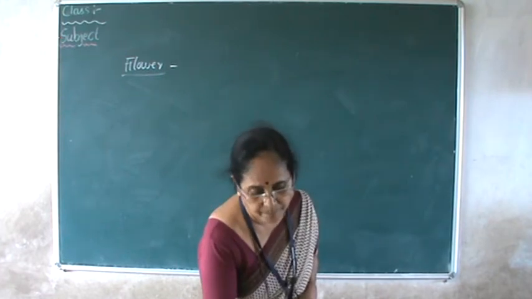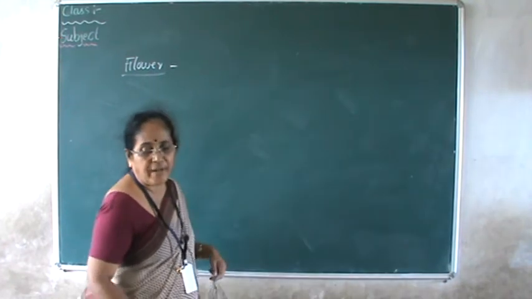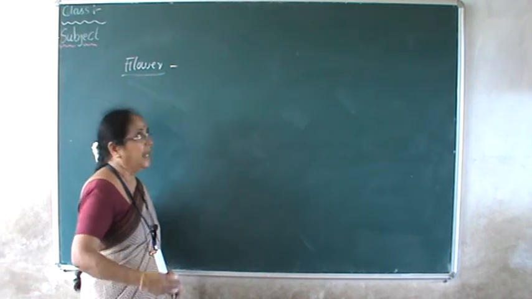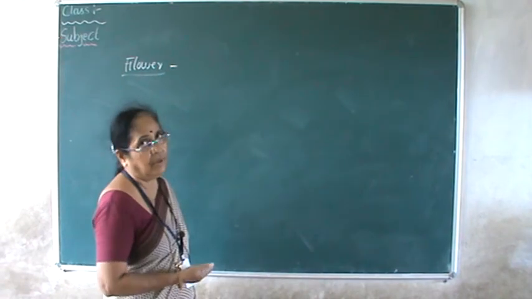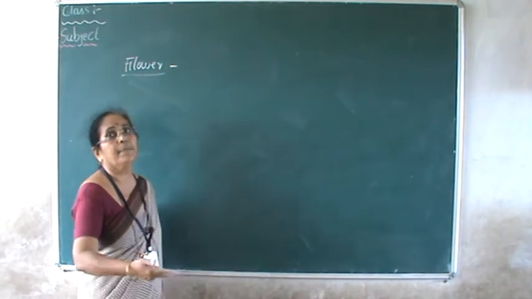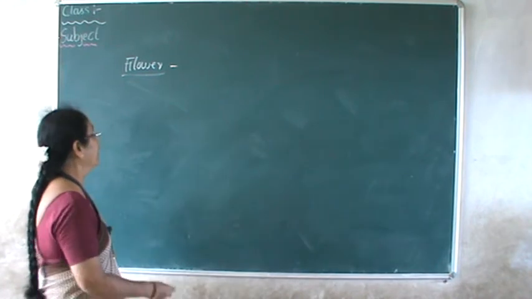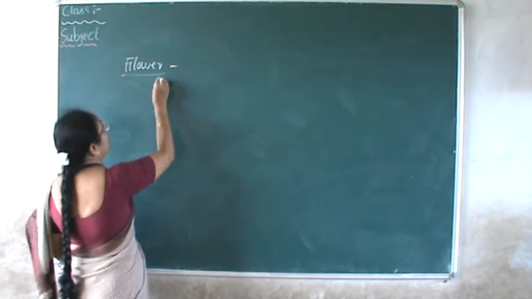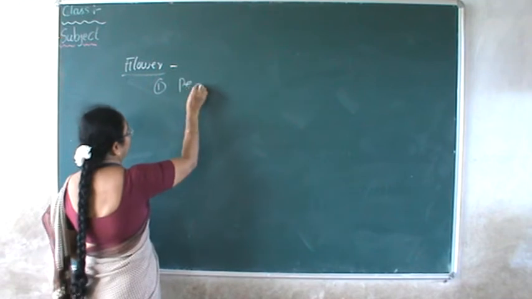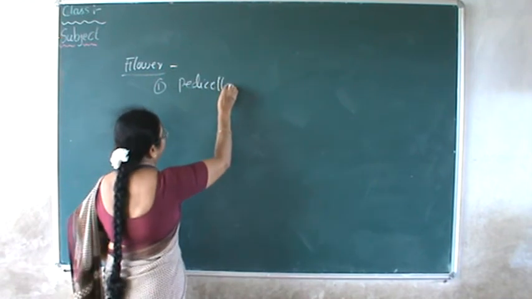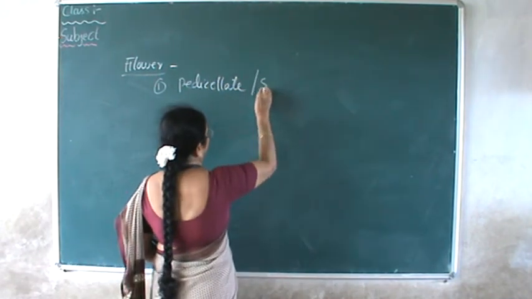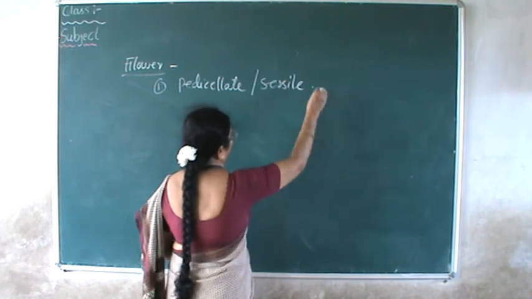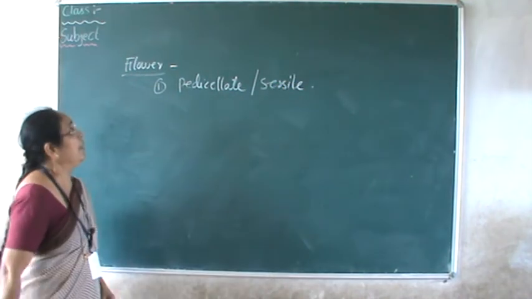Okay, the flower and its description. When you are describing an angiospermic plant and you start to describe the flower of a given plant, the first word to describe the flower is whether the flower is pedicellate or sessile.